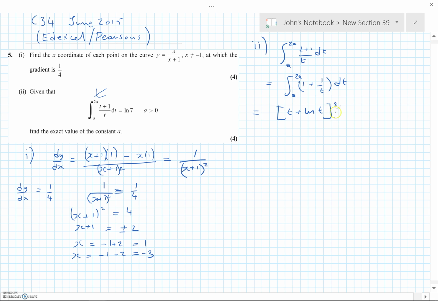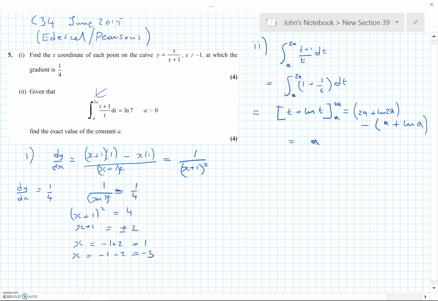from a to 2a. So that's equal to 2a plus ln 2a minus a plus ln a. And what we get there is, when we put through, 2a minus a, which gives me a.